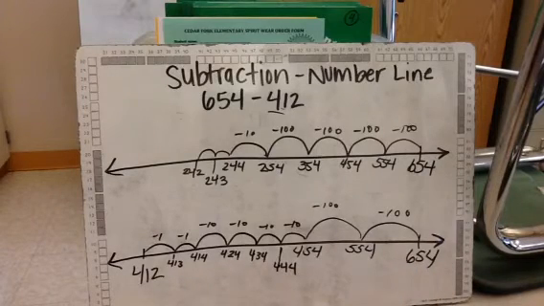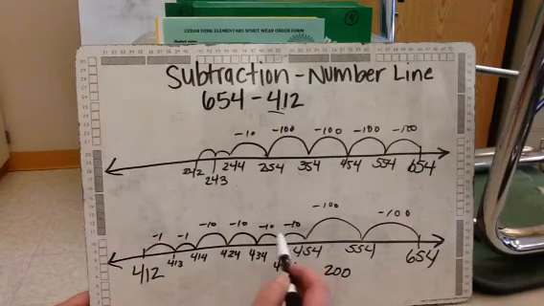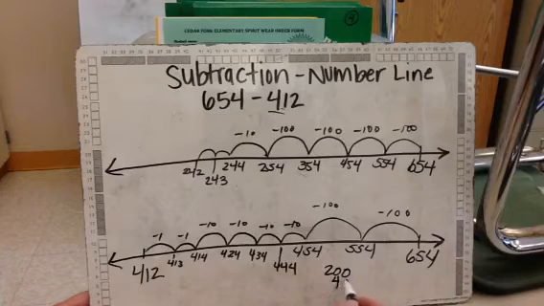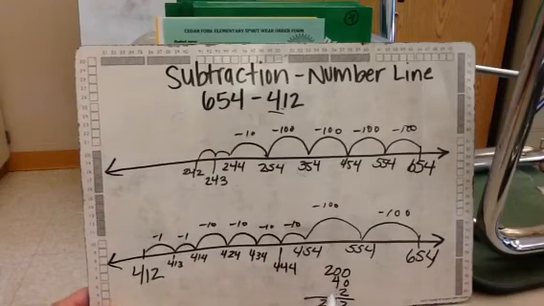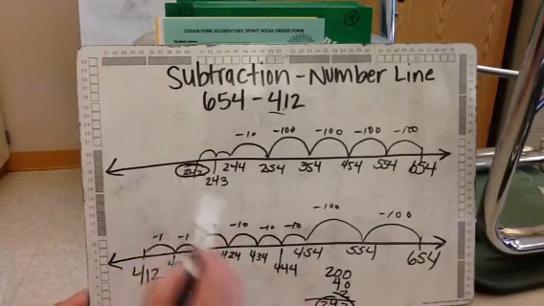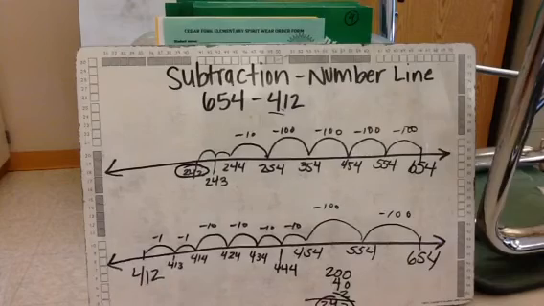So I actually have to then figure out how much did I hop to get from one to the other. So I hopped 2 hundreds, 4 tens, and 2 ones. I hopped 242.